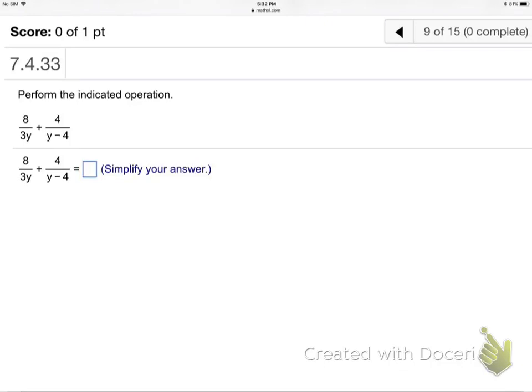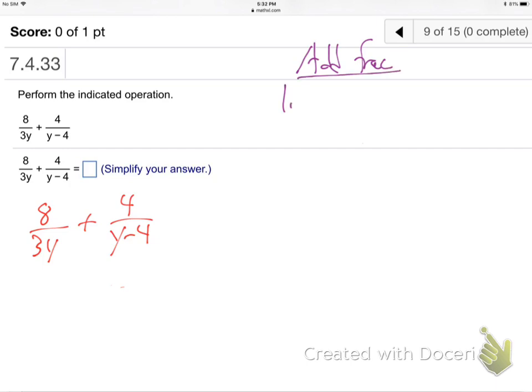Okay, number 9 here. So we have 8 over 3y plus 4 over y minus 4. All right, same rule. To add fractions, we have to make their denominators match. So let me give you the add fractions game plan. Step 1, factor denominators.